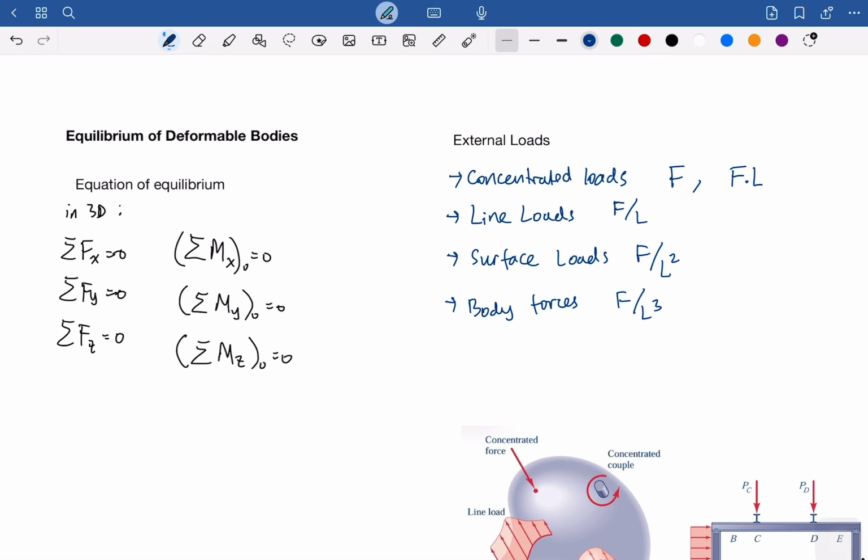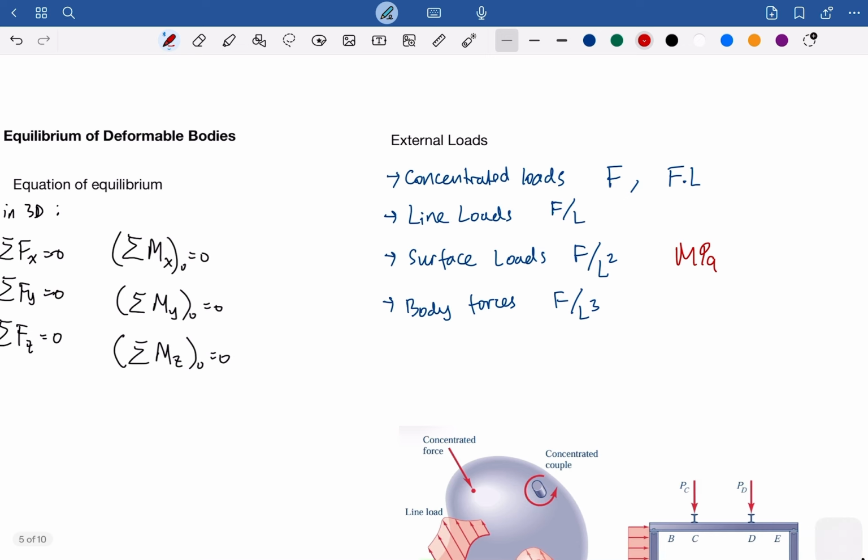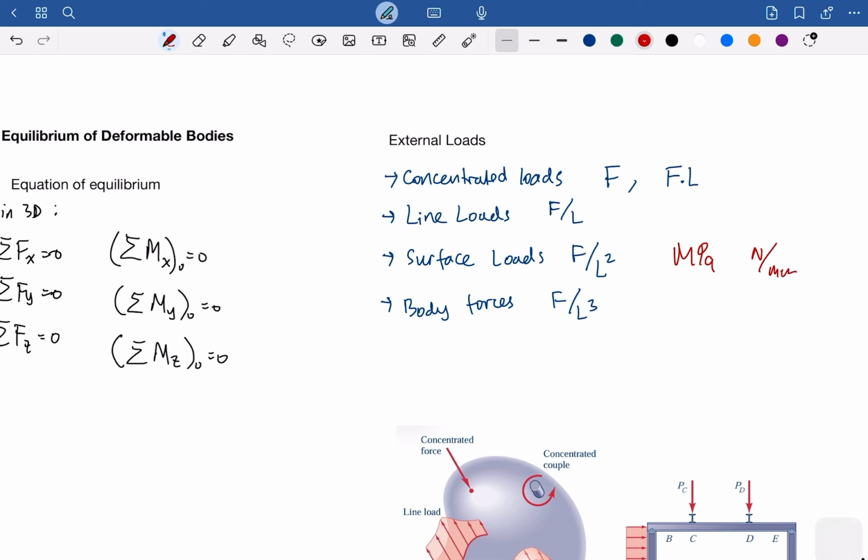It could be Newton over millimeter squared. That is the definition of a Pascal. So sometimes we tell the unit as a Pascal. Usually we use the megapascal, which is Newton over millimeter squared.